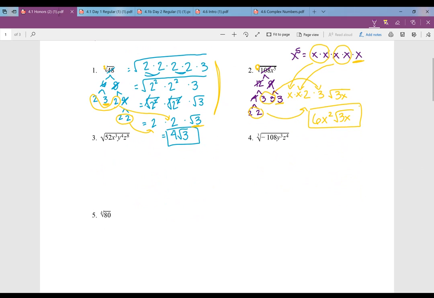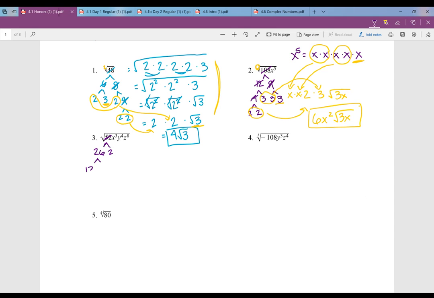So first one, we have the square root of 52 times x cubed, y to the 4th, z to the 8th. So again, we'll just think of each of them separately. So if we do 52 first, what multiplies to 52? Well, we could do 26 times 2. After we break that down, 2, we're done. What about 26?